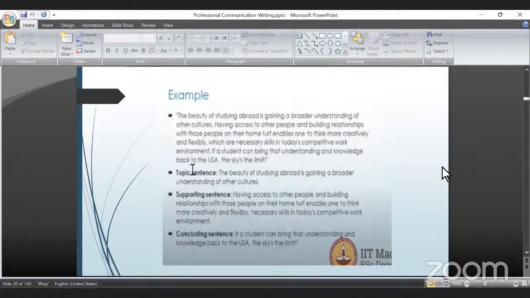You have an example here quickly to understand topic sentence, supporting sentence, and concluding sentence. Read that, a very short paragraph it is. I have indicated the topic sentence and the other two parts already for you.